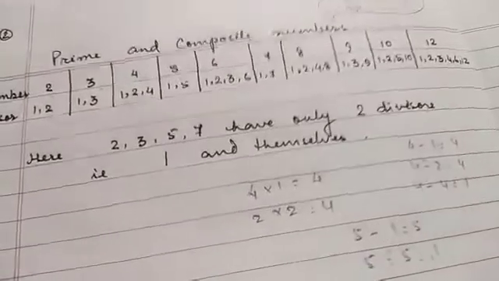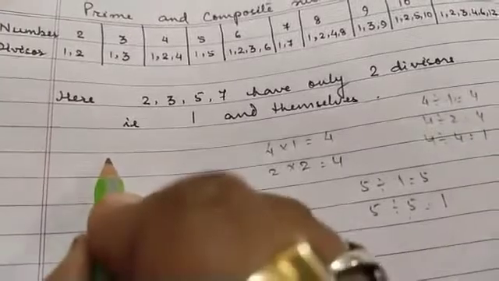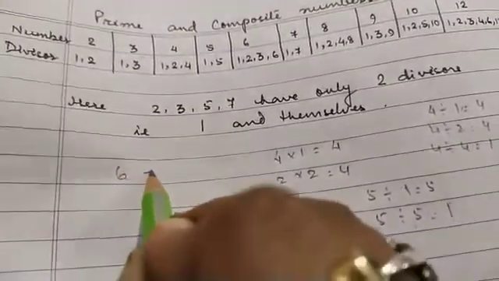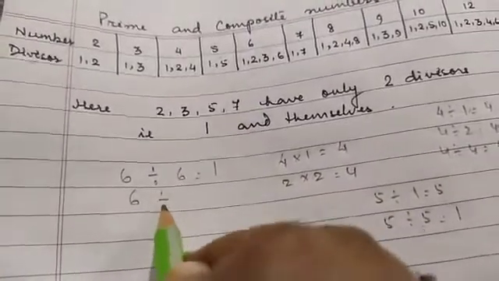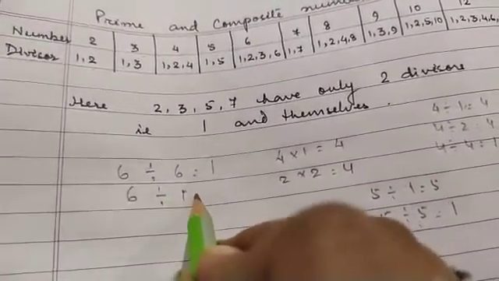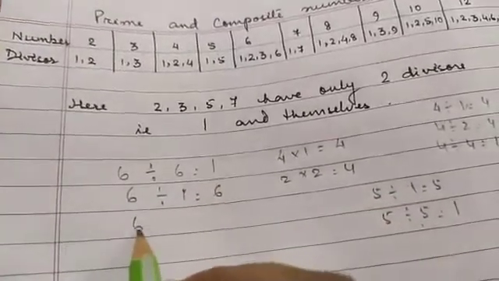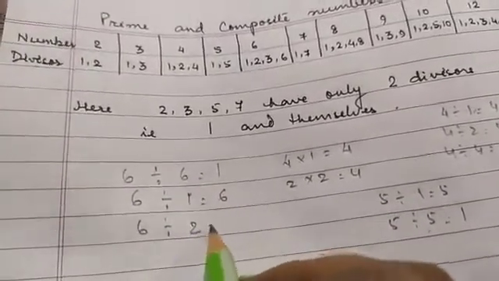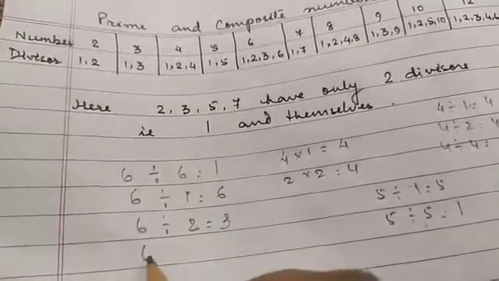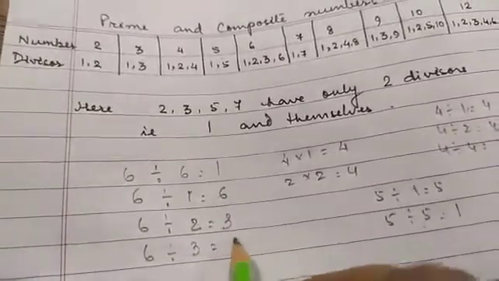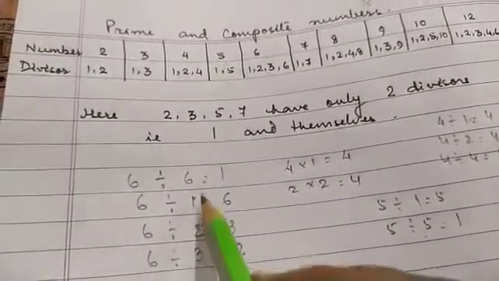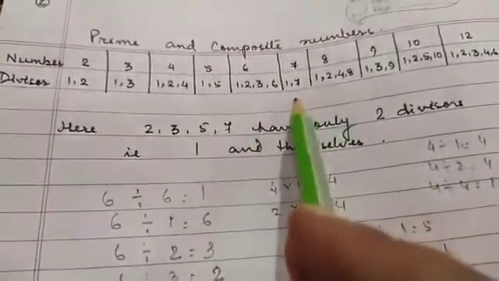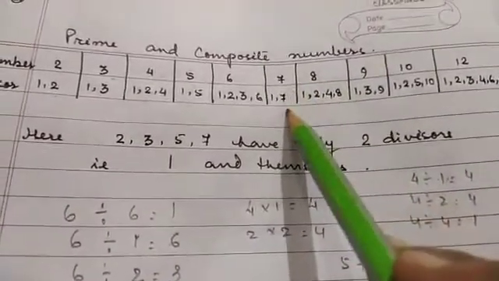Coming to 6, 6 is divisible by 1, 2, 3 and 6. So we have 1, 2, 3 and 6 as the divisors of 6. For 7, 1 and 7 are the divisors.